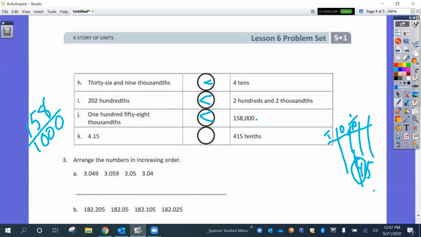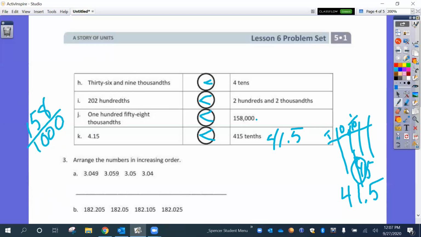And then I would have to shift again. So it's going to end up with 41 and 5 tenths. It's so important to use those place value charts to help you understand everything. So we know 4 tens is greater than 4 ones. So we're representing that number as the greater number with the less than symbol.